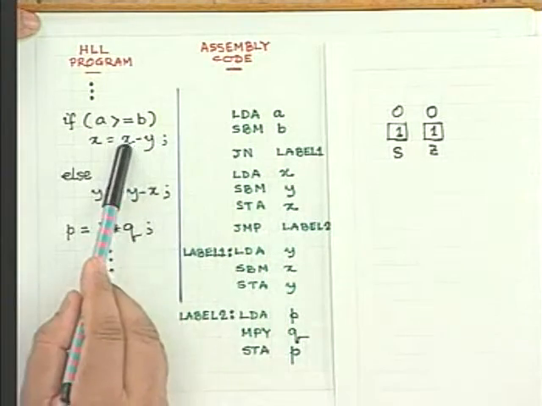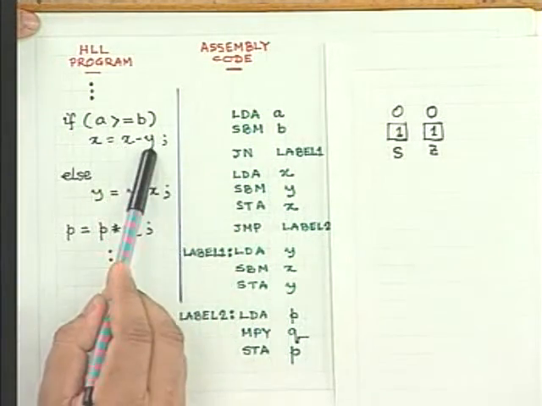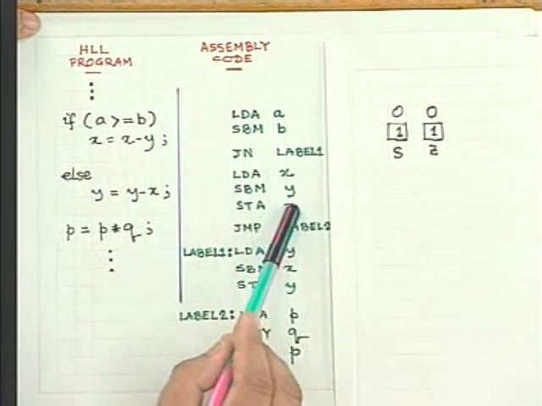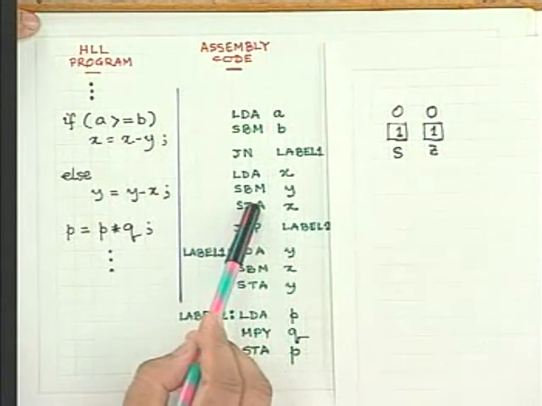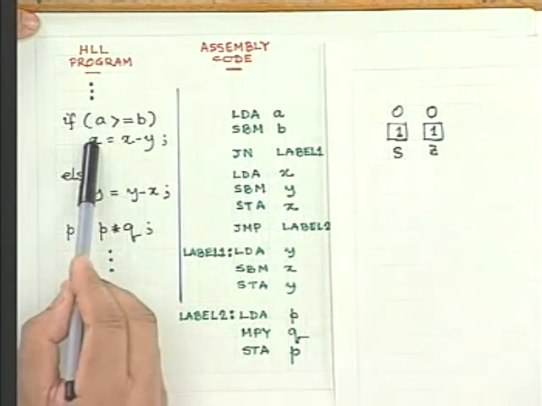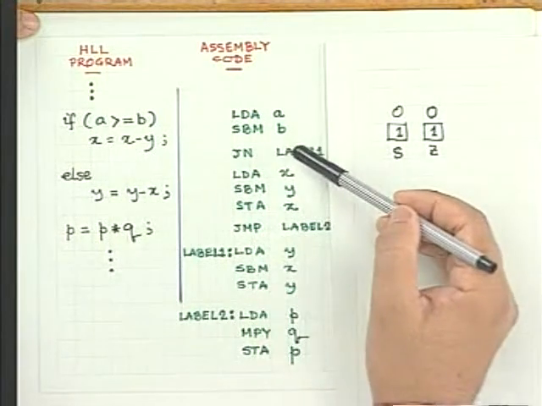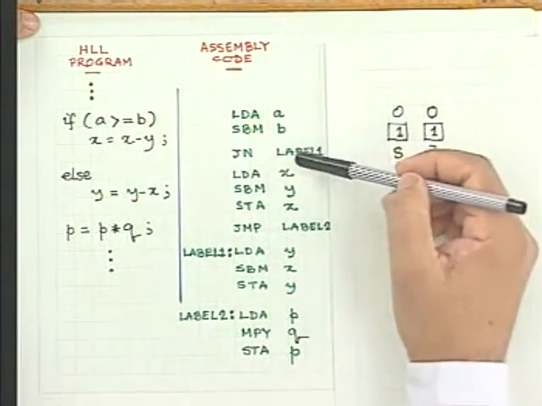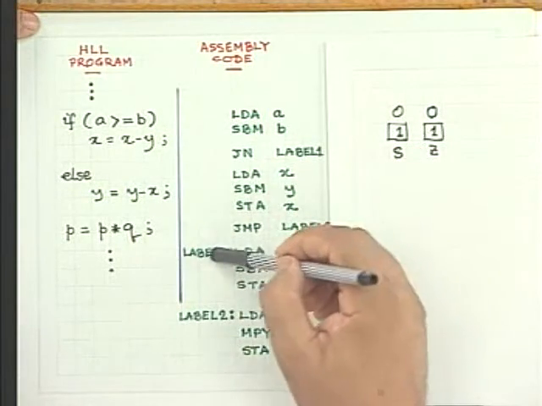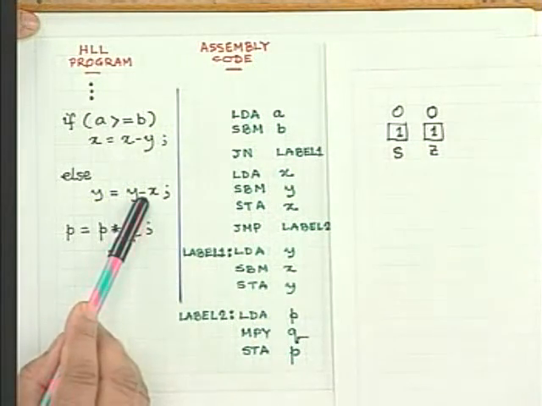Therefore, load accumulator X, subtract memory Y, and the result in the accumulator is stored into X. Else, that means jump on negative: if this result is negative, it comes over to here. It executes this instruction.